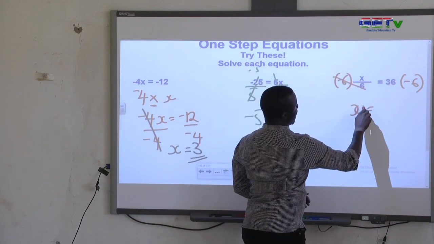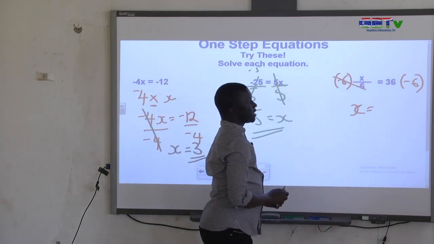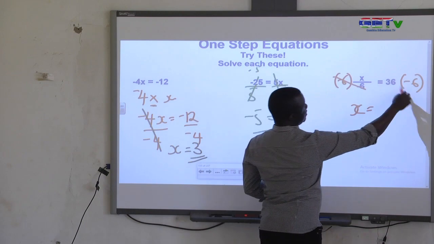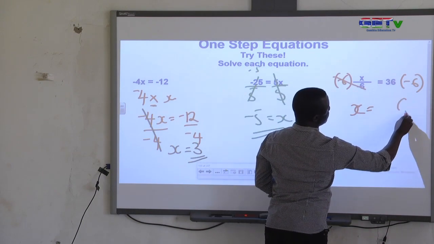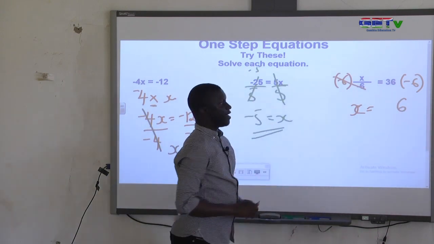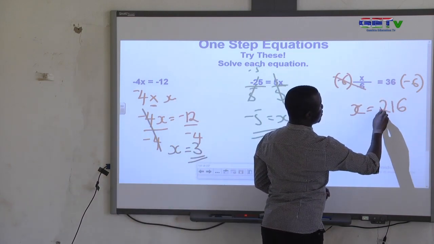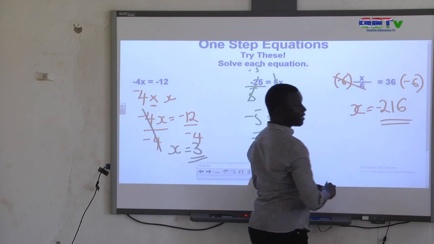We shall end up with x equals 36 times negative 6. 6 times 6 is 36, 6 times 3 is 18, plus 3 is 21. So we have negative 216.